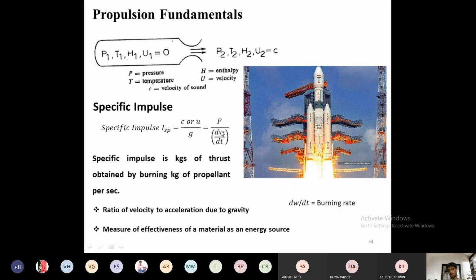The amount of propellant burned per unit time is known as the burning rate. So specific impulse is nothing but, from this definition, kgs of thrust obtained by burning kg of propellant per second, or per unit time. It is the ratio of velocity to acceleration due to gravity, C by G. So it is the measure of effectiveness of a material as an energy source.